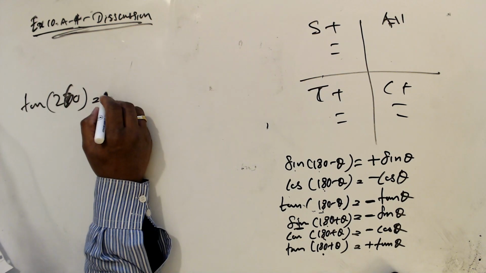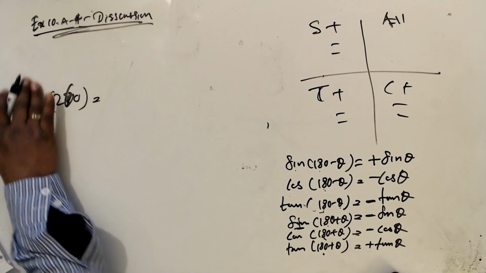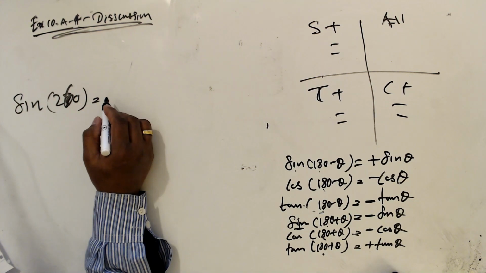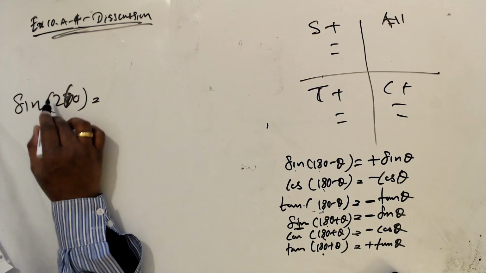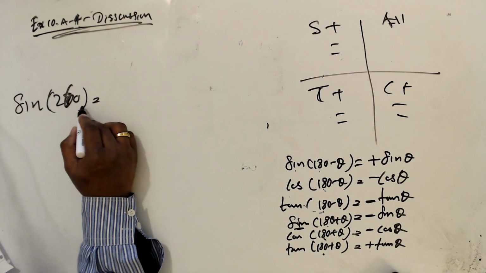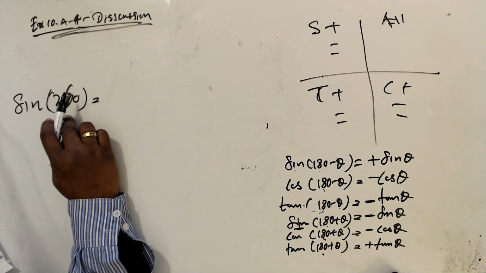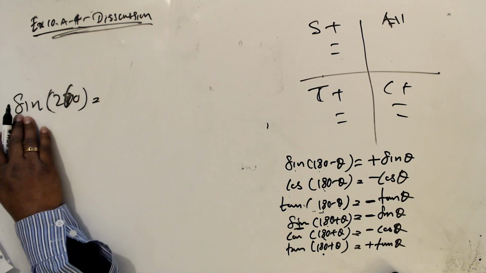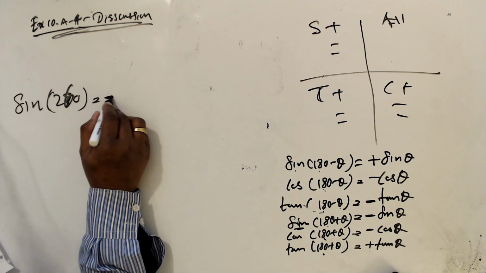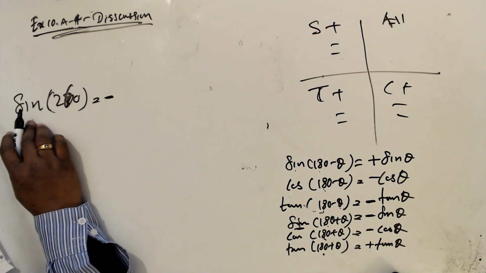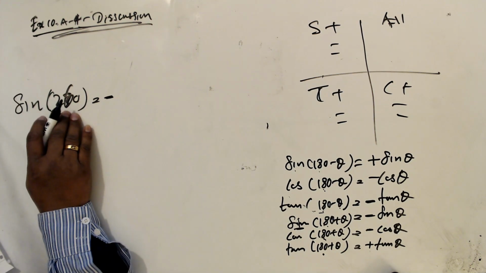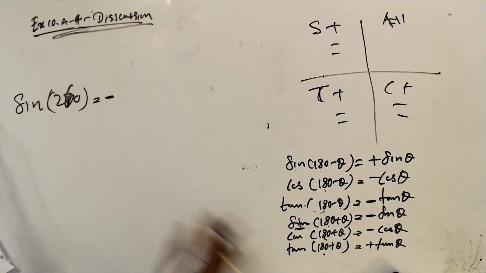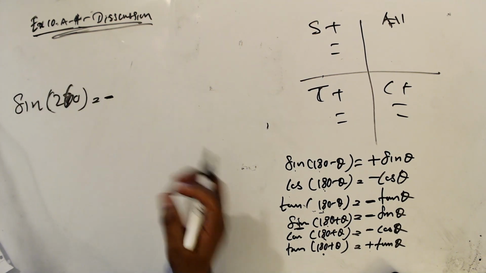If you type it in the calculator, okay, I will stay with the sine. Sine 260. 260 is in the third quadrant, and sine has to be negative because only tan is positive. If you type sine 260, you get a negative answer from the calculator. Now I want to bring this 260 to a smaller number.